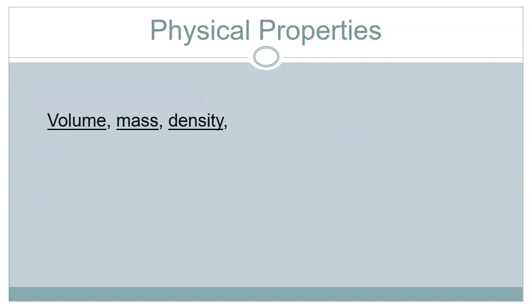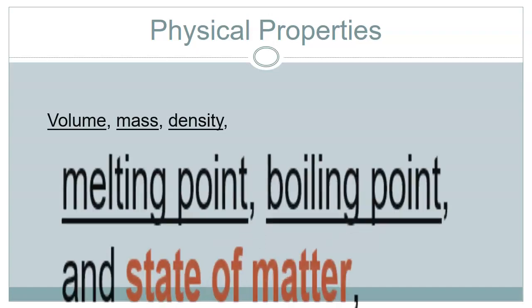Some other physical properties include, and you're continuing to put these in the box, volume, mass, density. Now, you can't just look at something and see its volume, mass, or density, but you can use tools to take measurements and then do calculations, and you can observe those measurements and calculations.